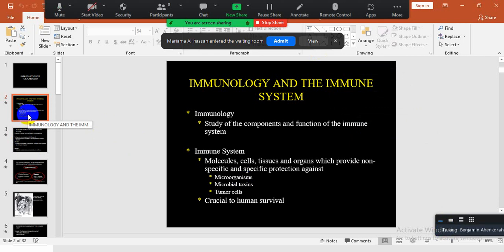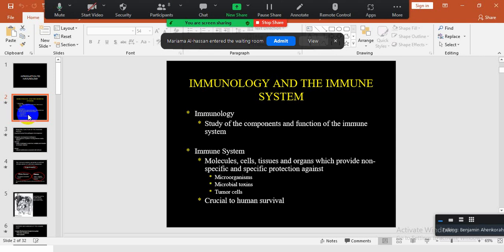By this, it comprises molecules, cells, tissues, and organs which provide a non-specific and specific protection against microorganisms, microbial toxins. Whenever you hear toxins, it's the same as poison. Then tumor cells. Tumor is the same as what? Cancer cells.